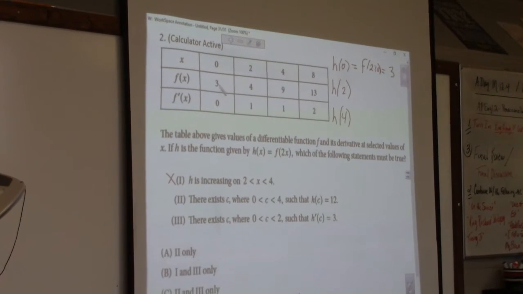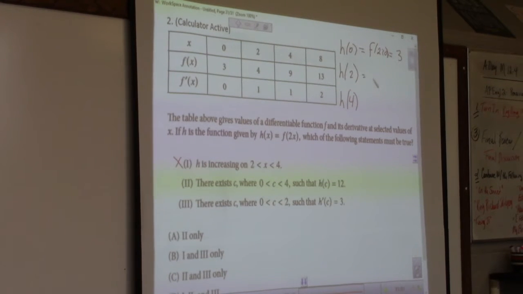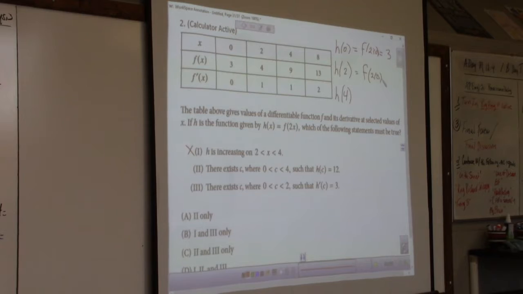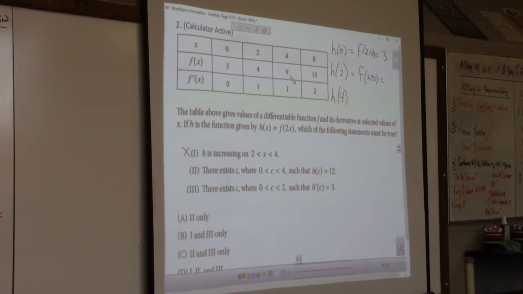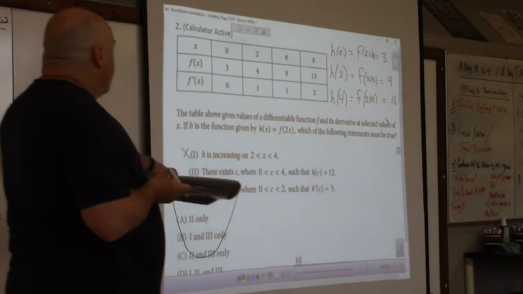Here's my x value, there's my f of x value. All right, what about h of 2? That means we're going to have f of 2 times 2, which is 4, and f of 4 is going to be 9. And then h of 4 means we're finding f of 2 times 4, or 8, and f of 8 is 13.